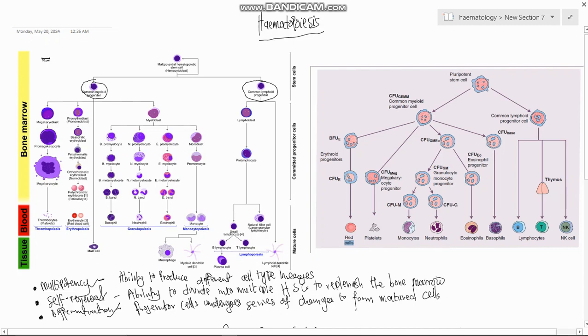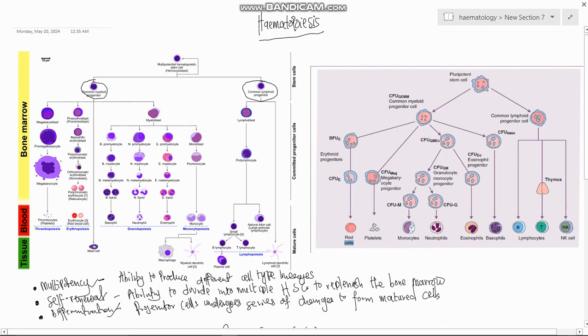Then we can see that the common lymphoid progenitor also differentiates into the B lymphocytes, the T lymphocytes, and then the natural killer cells, and then the dendritic cells as well.